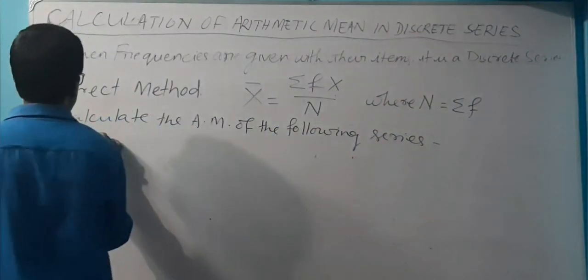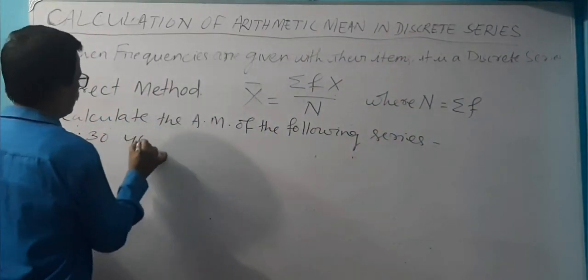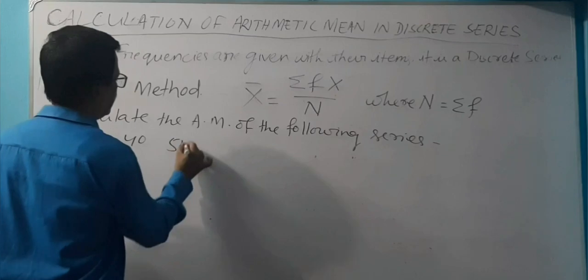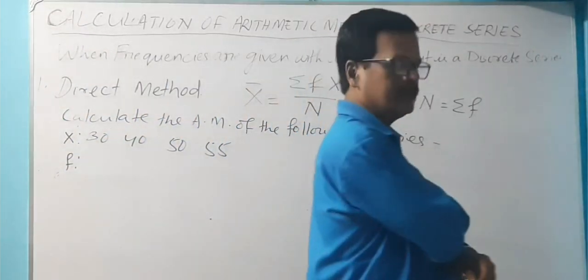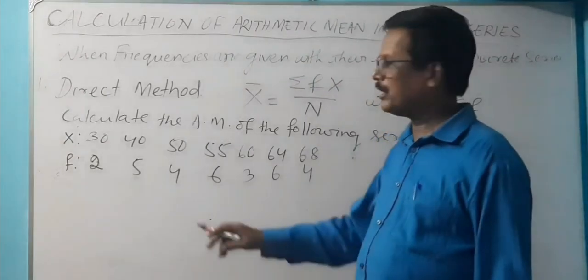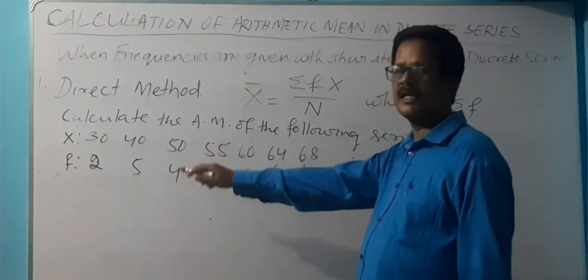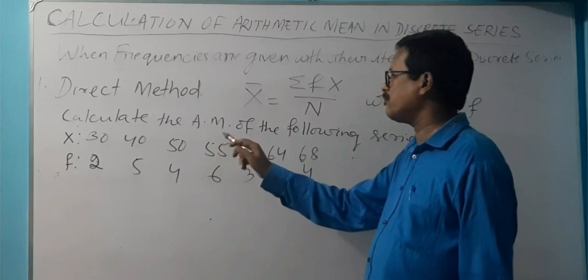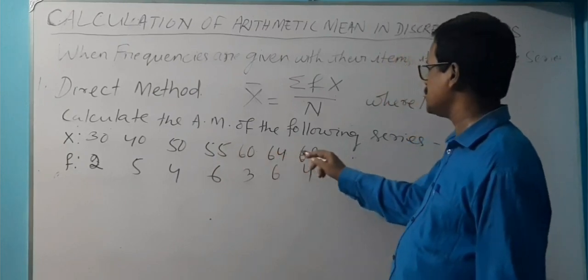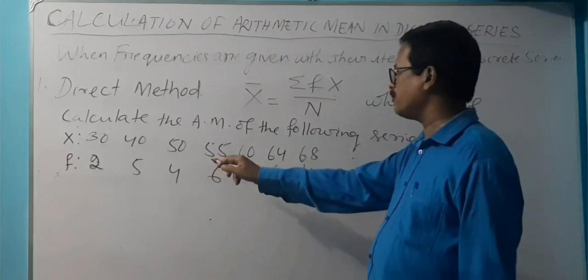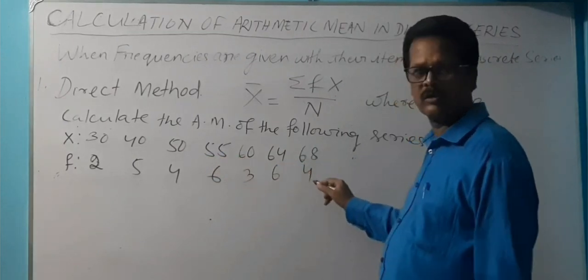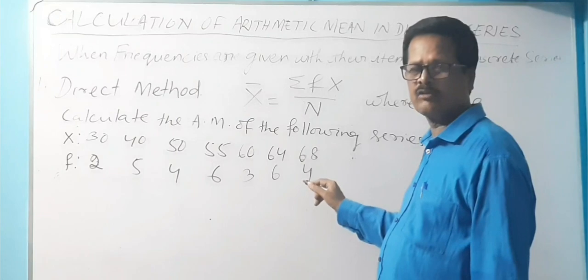X values are given like this: 30, 40, 50, 55, 60, 64 and 68. F values are 2, 5, 4, 6, 3, 6, 4. Okay? Write down the question.